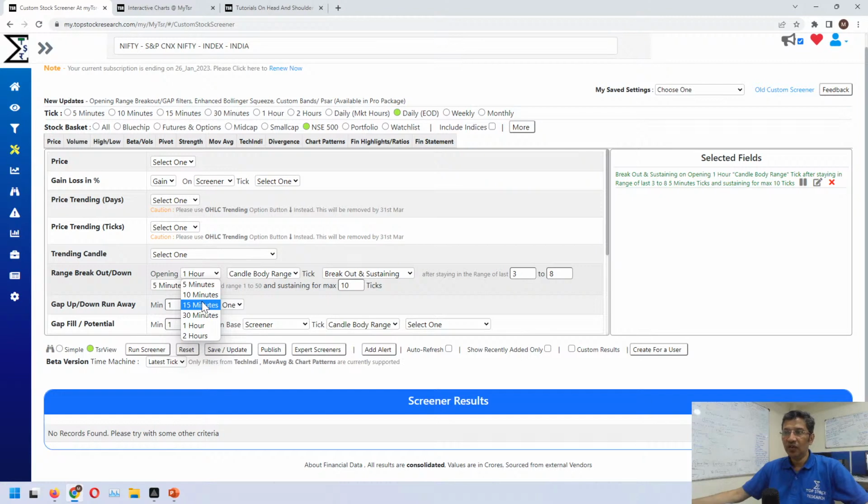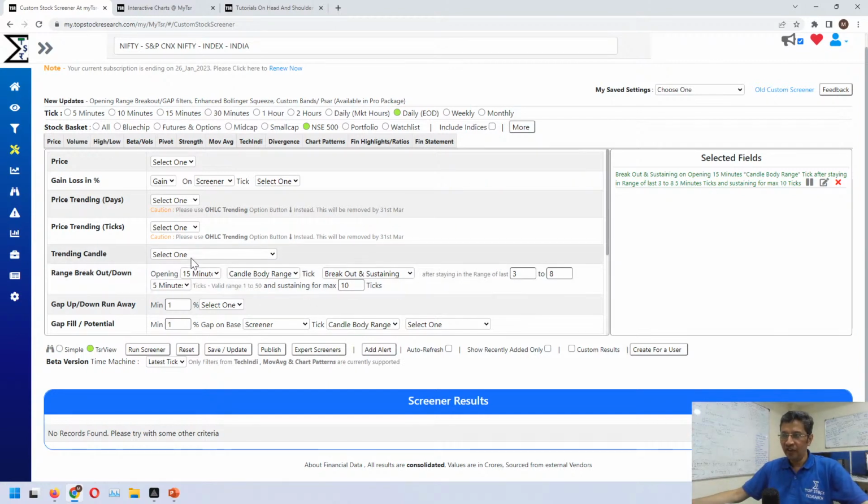What I would suggest is that the first 15 minutes is a good one, right? Typically this will help. The first 15 minutes, and the breakout will be on a 1 minute tick, right? That will give you better results. And Arif has been mentioning the 1 minute tick, right?